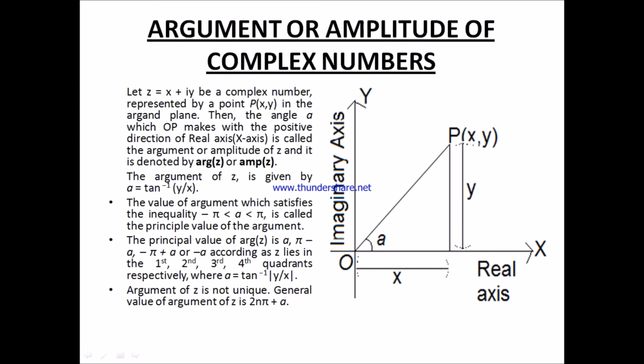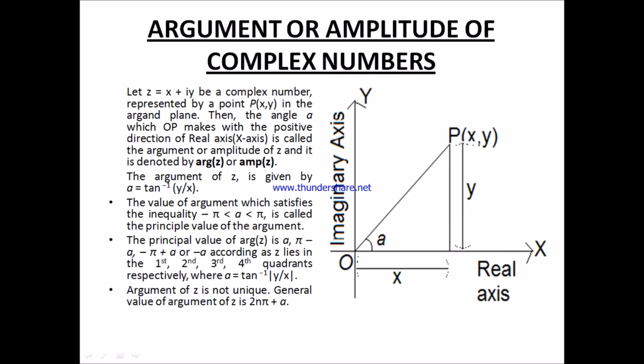And the last point states that the argument of Z is not unique. The general value of the argument of Z is 2n pi plus A. So what does this state? What is this general value? The general value of the argument of Z is the actual value of the argument, not the principal value. The principal value we can attain as we have learned in the previous point.